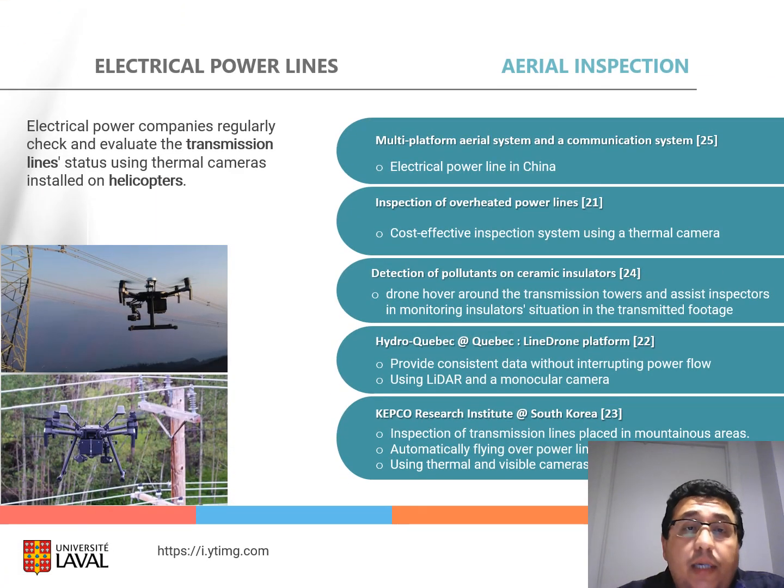Another area is inspection of electrical power lines. Different companies have proposed different solutions for this kind of inspection. Currently, most of the companies use helicopters to inspect transmission lines, but companies are motivated to use aerial platforms as an alternative way to do the inspection.